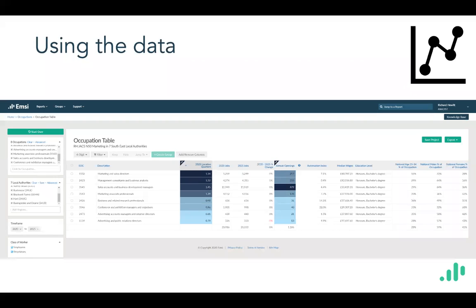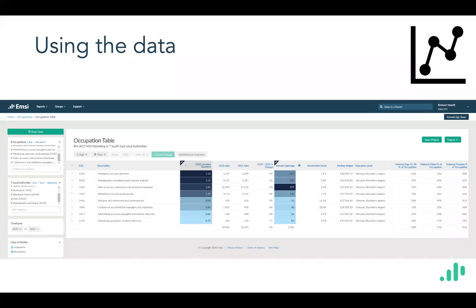You know, this type of data, as you can see on the slide here, a screenshot from our system, and any parts of these data can be extracted from the system and clipped or downloaded into an Excel or a Word document, etc. The table we're looking at here shows occupations associated with JACS code N50 marketing.